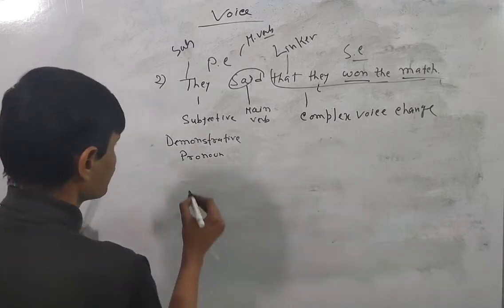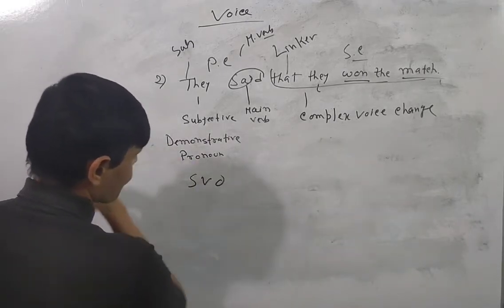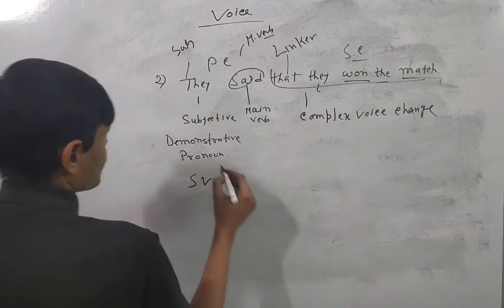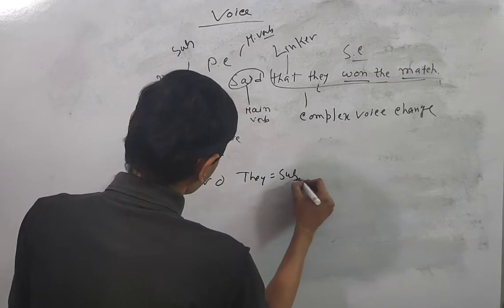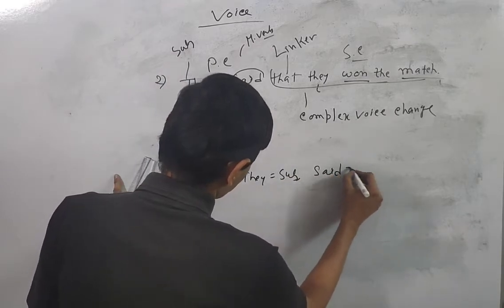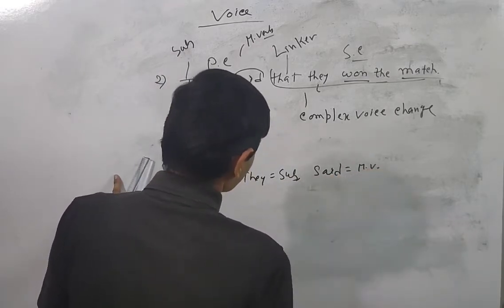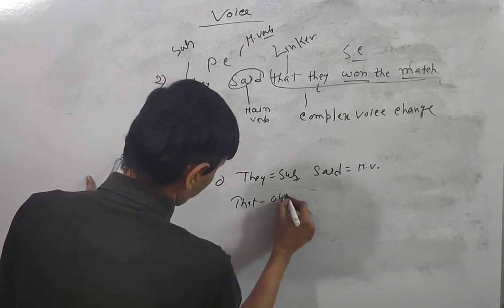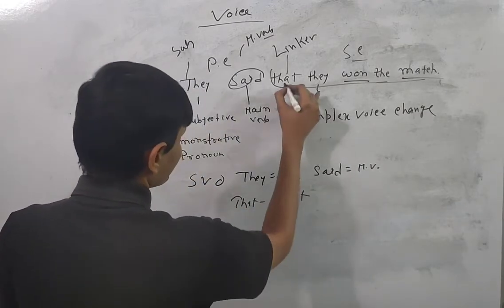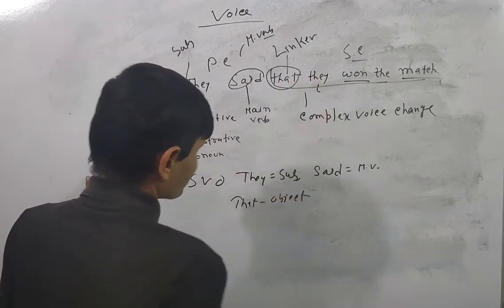Object. That means we follow the SV order. Then if they is the subject here, said is the main verb here, then that can be taken into account as object. Okay. Then here it is also functioning as object.